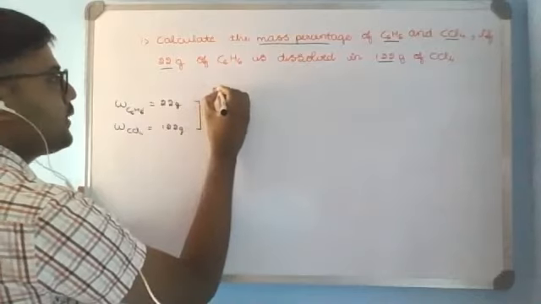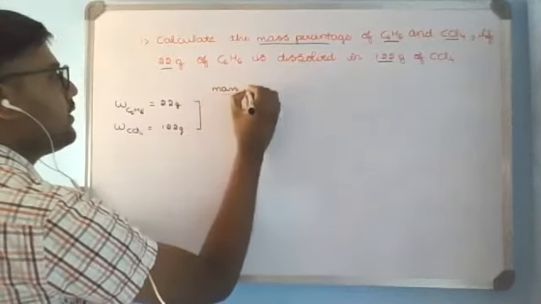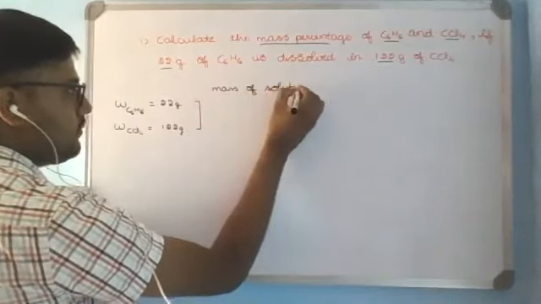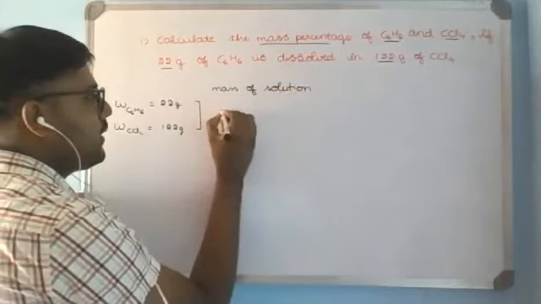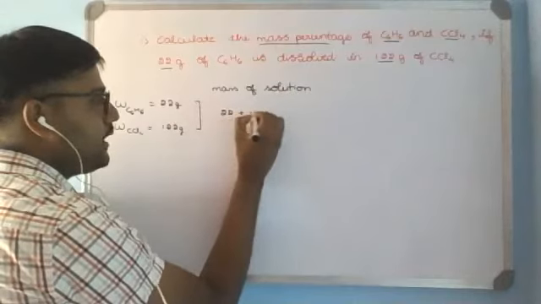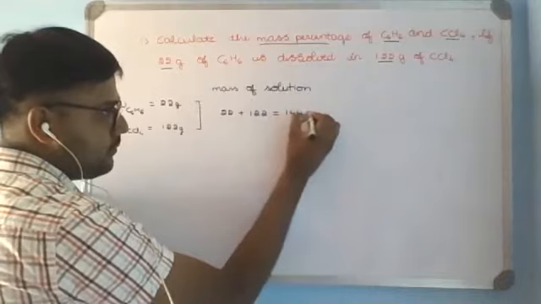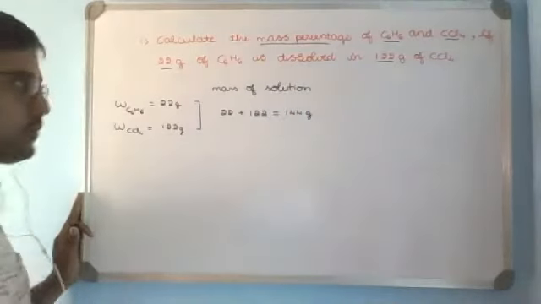As only two components are present in the solution, the mass of solution will be 22 plus 122, together it is 144 grams now.